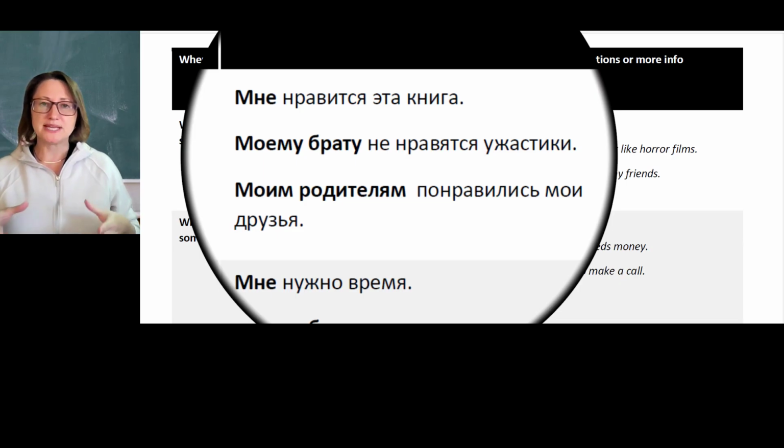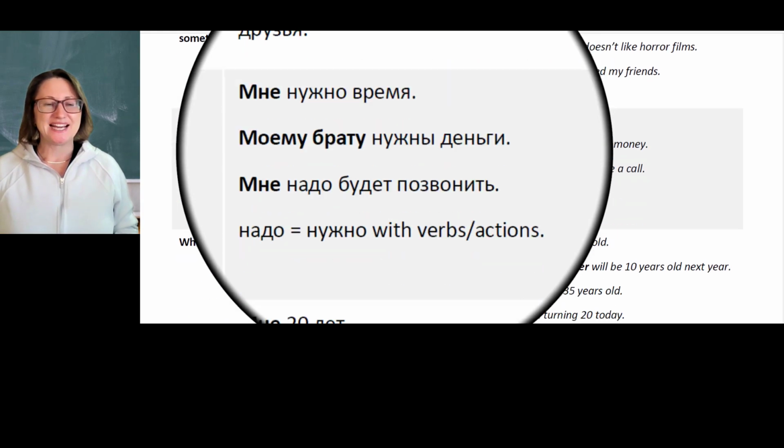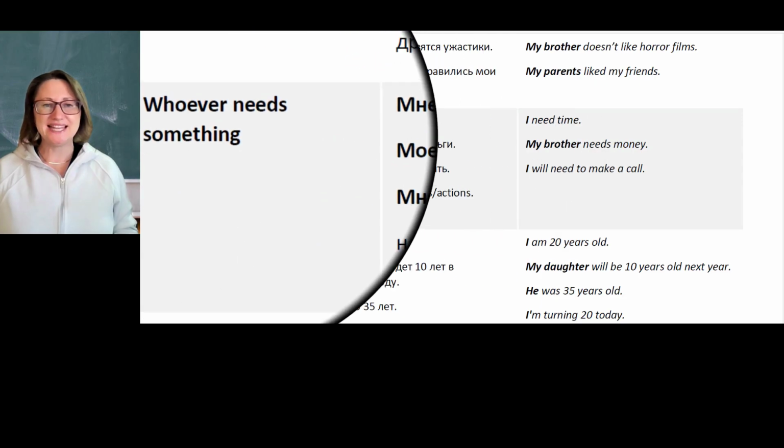So here I'm saying my friends were liked by my parents to convey the idea that my parents liked my friends. So that's why it's very important to know the cases to understand who likes whom in this sentence. Dative likes nominative.